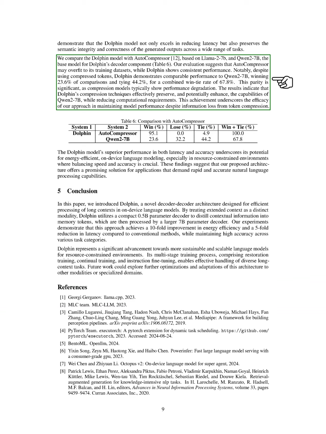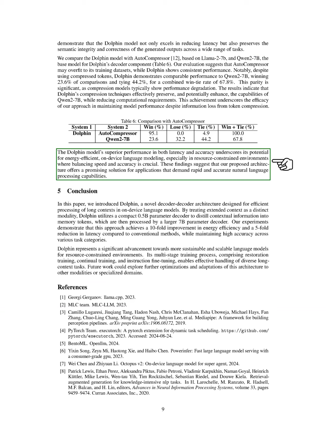Despite using compressed tokens, Dolphin performed comparably to Qwen2-7B, winning 23.6% of comparisons and tying 44.2%, resulting in a combined win-tie rate of 67.8%. This is significant, as compression models often experience performance drops. Our results indicate that Dolphin's compression techniques effectively maintain and even enhance Qwen2-7B's capabilities while reducing computational needs.